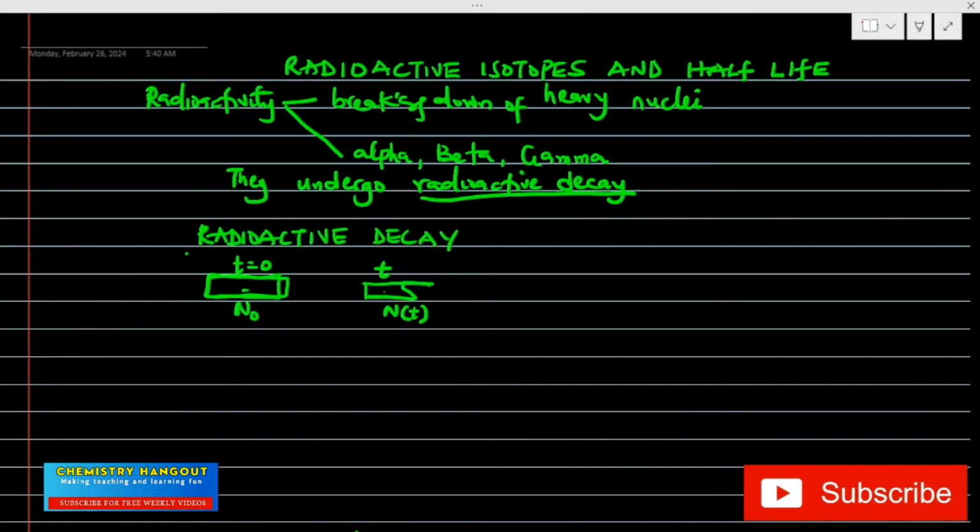This N naught is the initial mass, or the initial nuclei, before it started breaking down, at time equal to 0. So at t equal to a particular time, it has broken down to N in respect to t, meaning I am going to have a new mass now with respect to this t because it has actually broken down.